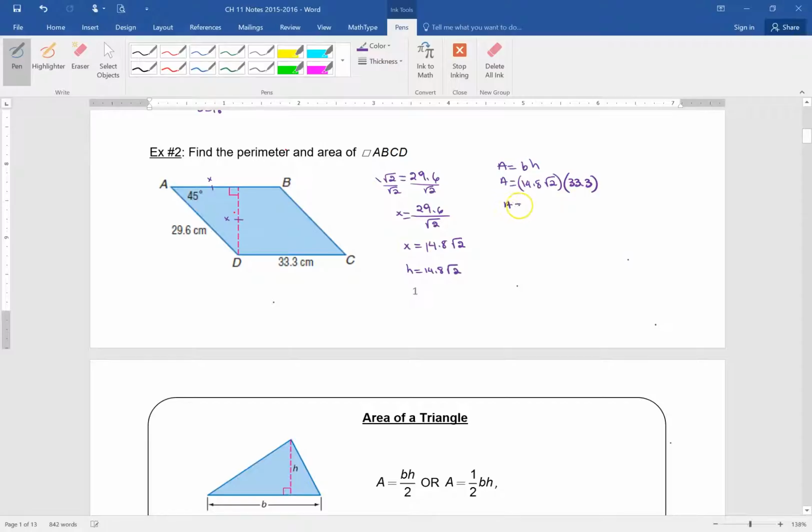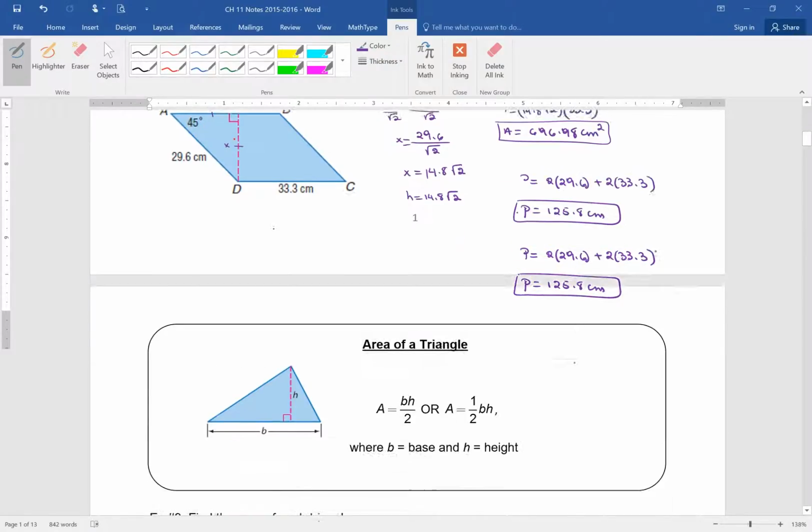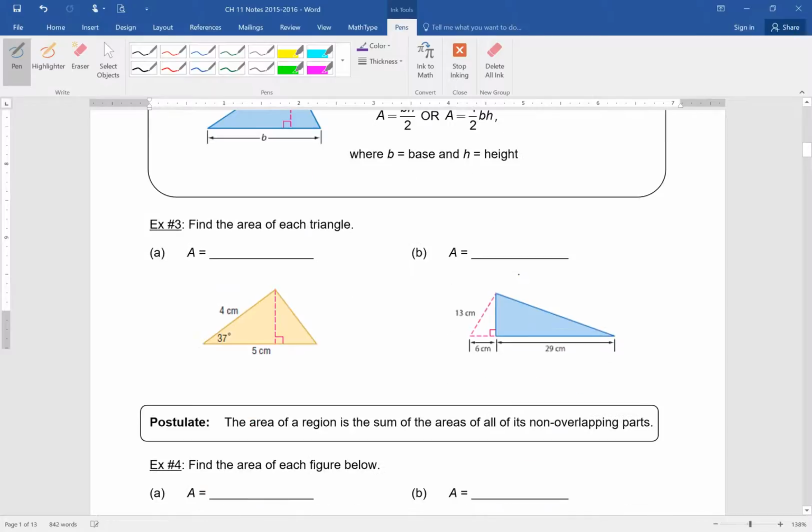So at the end of the day, area here is equal to 696.98. And the units are centimeters, so area is centimeters squared. Perimeter is 2 times 29.6 plus 2 times 33.3. Perimeter is 125.8 centimeters.